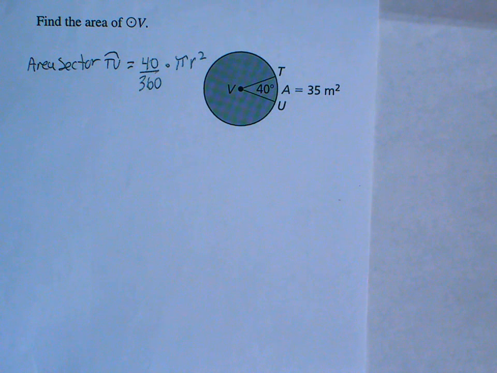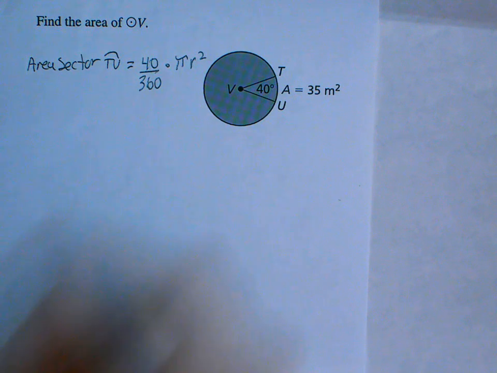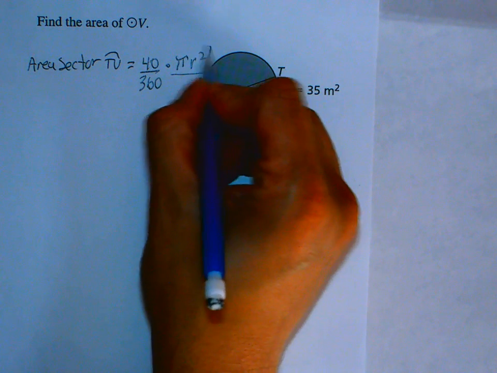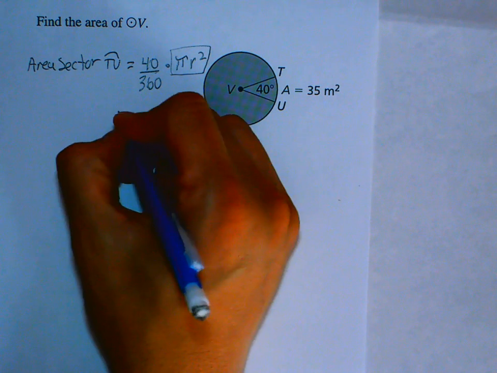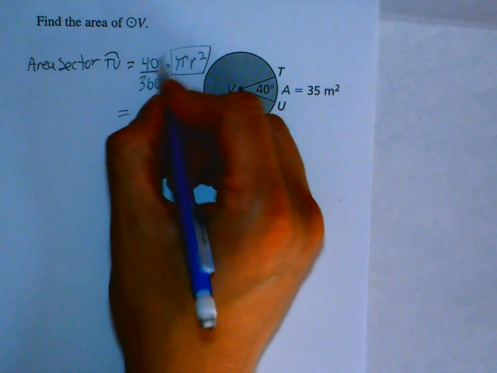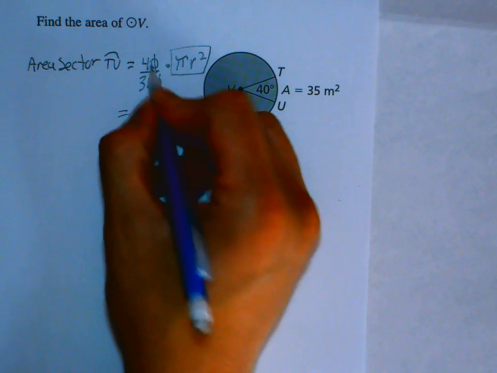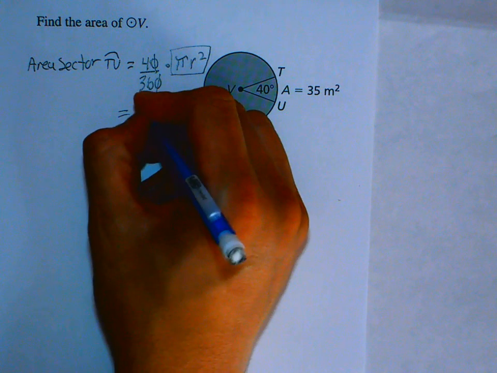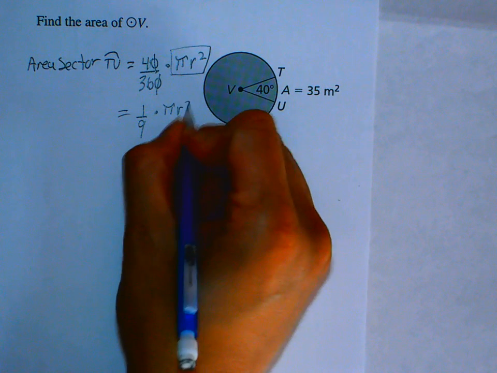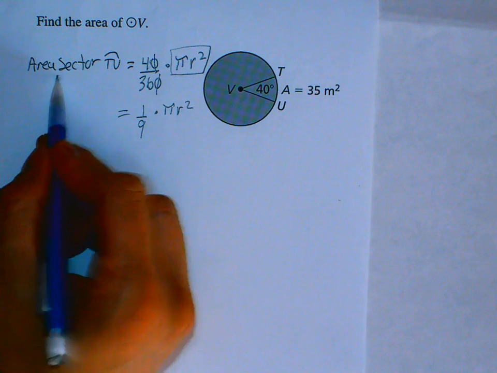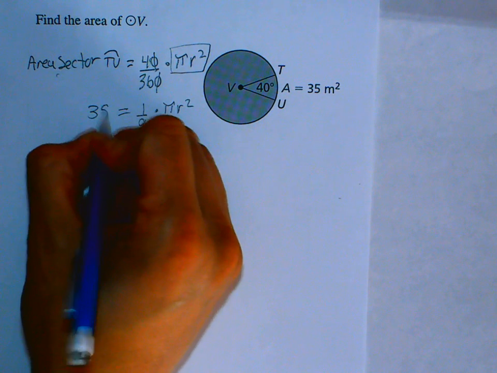Now we want to find the area of the circle. So I want to solve this for pi r squared. Let me simplify this part right here. Those divide out. 4 and 36 are both divisible by 4, so this gives me 1/9 times pi r squared equal to the area of the sector, which happens to be 35.